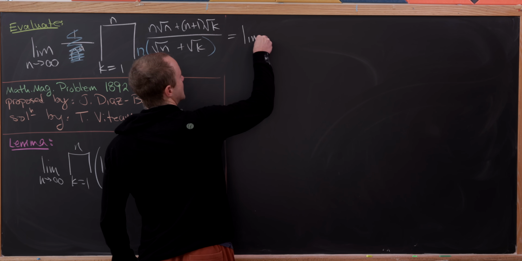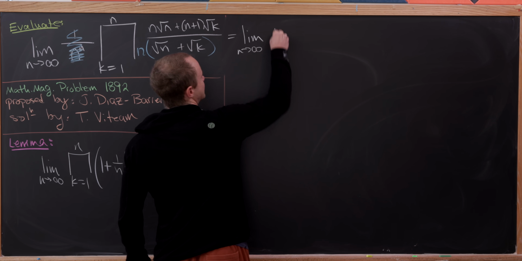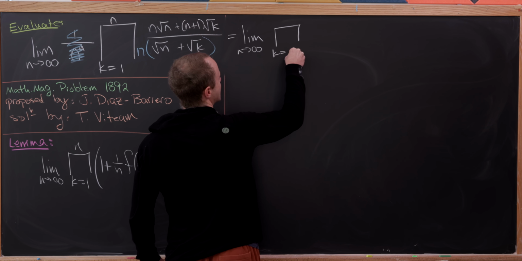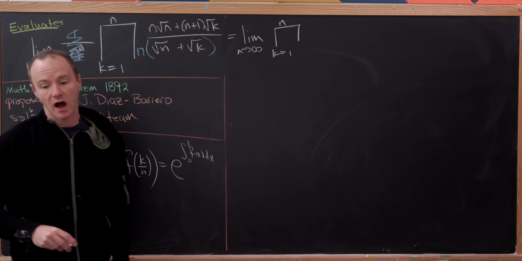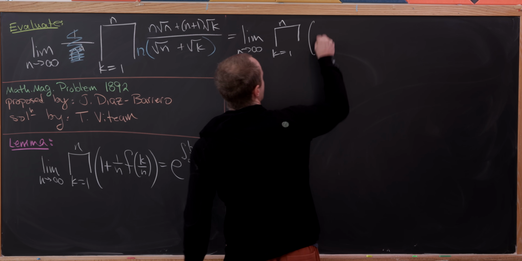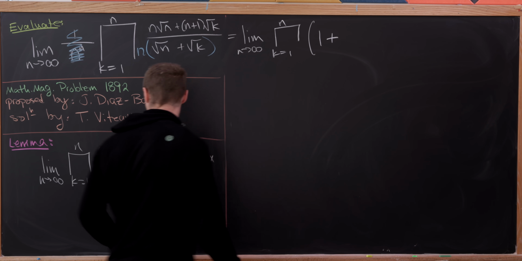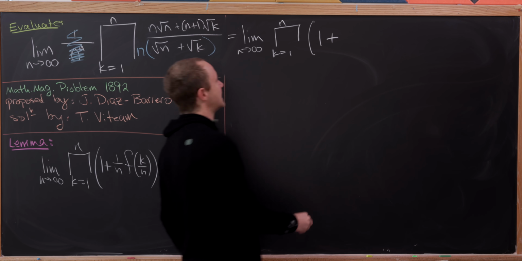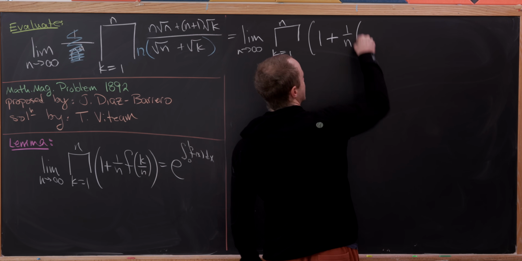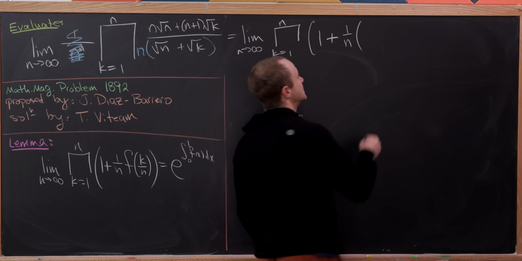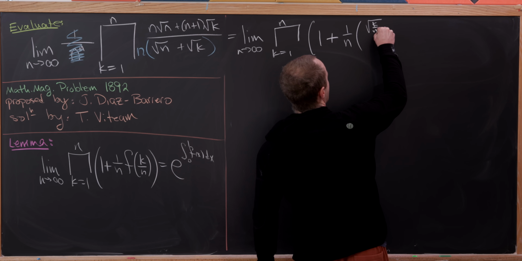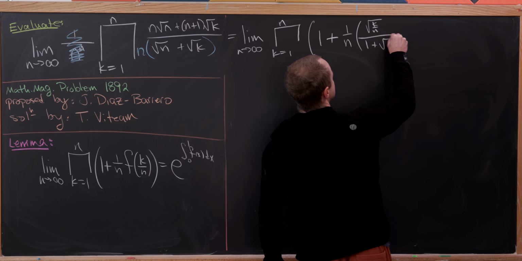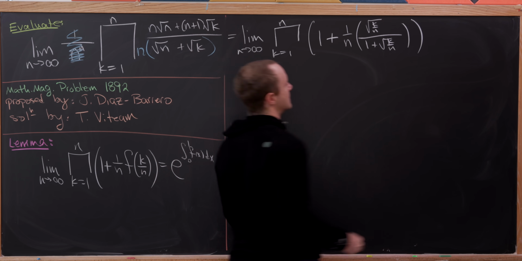So this will give us the limit as n approaches infinity. We have our product as k goes from 1 to n of, I'm going to write this as 1 plus something, because I need to write it as 1 plus something. And then it turns into 1 over n times radical k over n over 1 plus radical k over n.